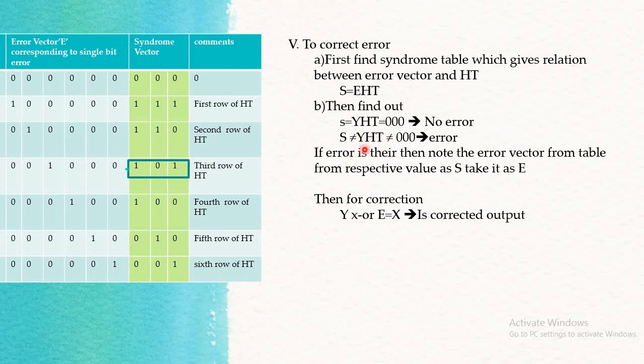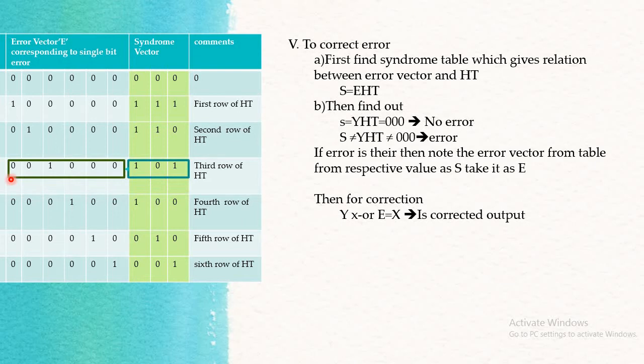So if this multiplication value comes out to be 101, then we will check the respective value in the syndrome vector, and for that we find out the respective position of an error vector. So what is the respective position of an error vector? Now this is the respective error vector, and we come to know the error is present at the second location.